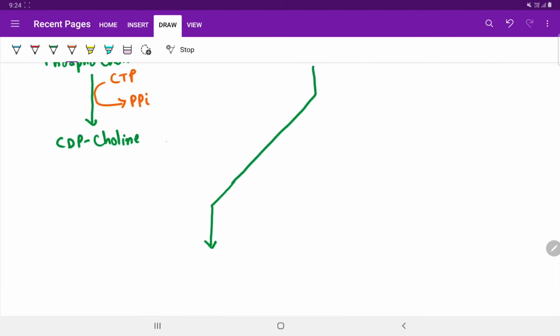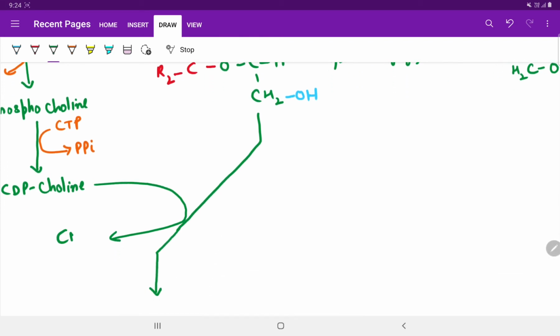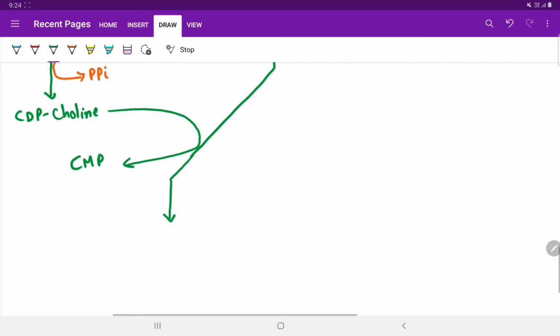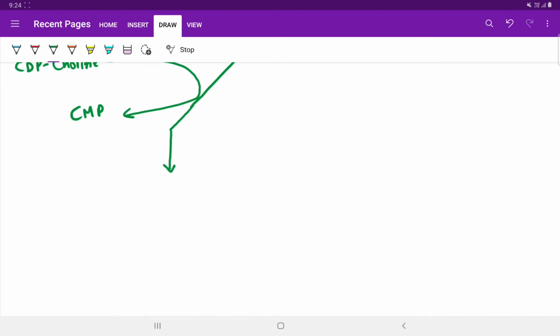And this CDP choline reacts with the molecule of 1,2-diacylglycerol, in which one CMP molecule is removed and leads to formation of phosphatidylcholine.